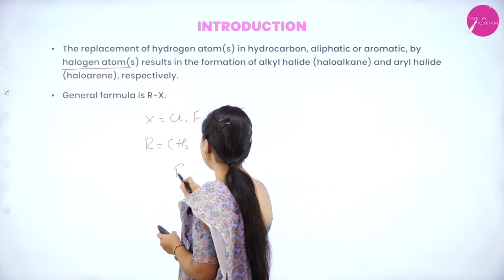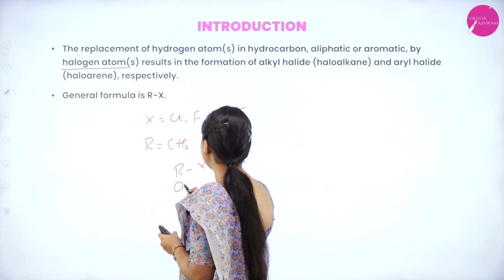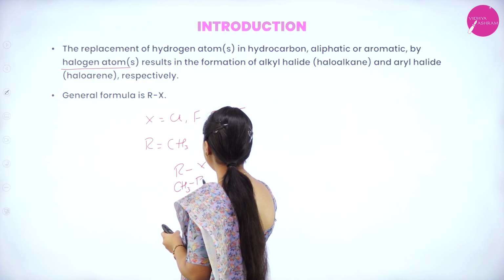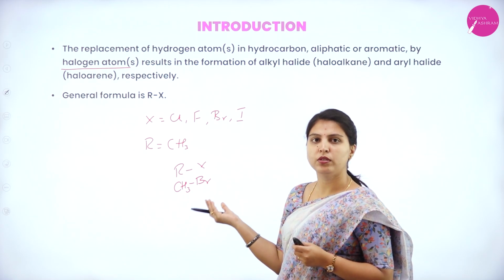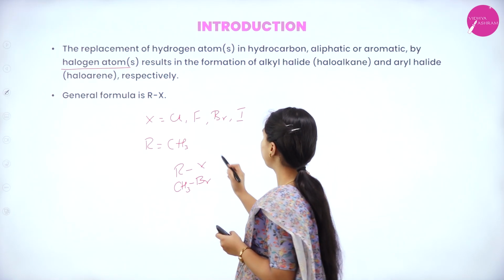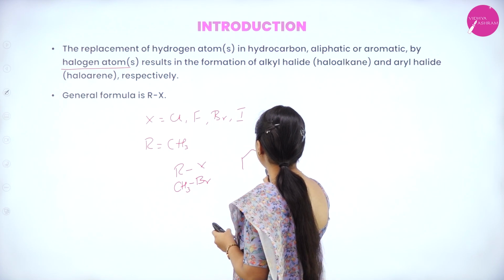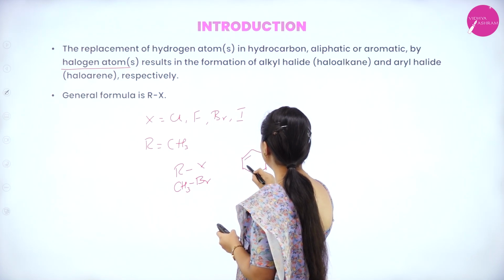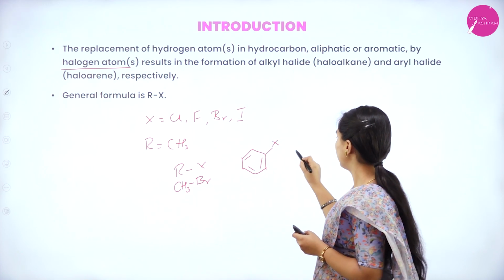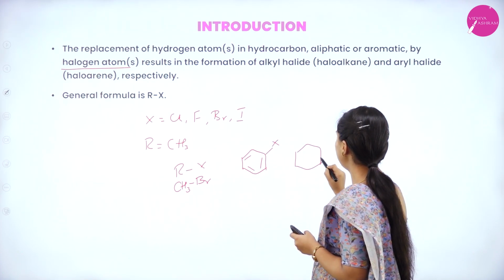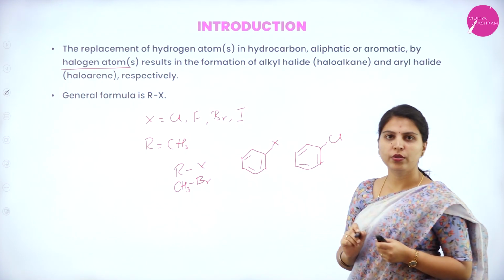For this RX, R can be CH3 and X bromine, that is bromomethane or anything. R may also be benzene. On any side you can add X, that is chlorobenzene.